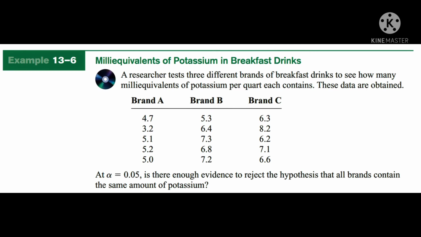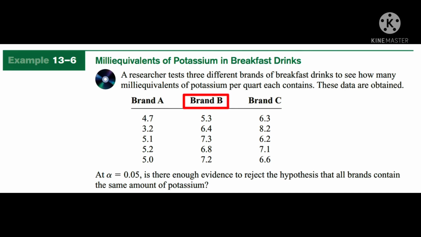Now let's proceed to example 13-6. Milliequivalents of potassium in breakfast drinks. A researcher tests 3 different brands of breakfast drinks to see how many milliequivalents of potassium per quart each contains. These data are obtained. Under brand A, we have 4.7, 3.2, 5.1, 5.2, and 5.0.